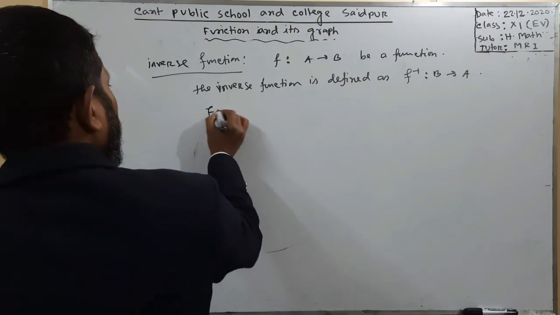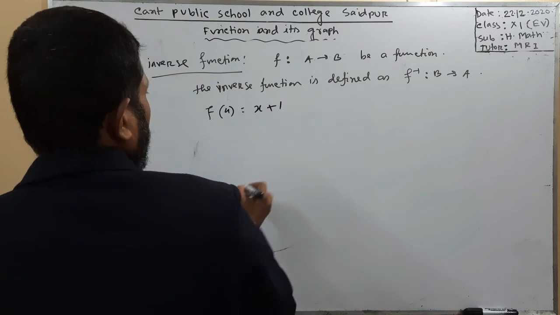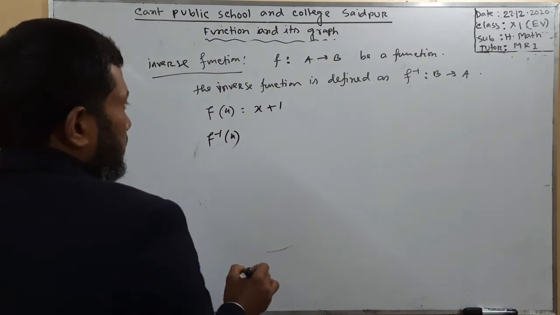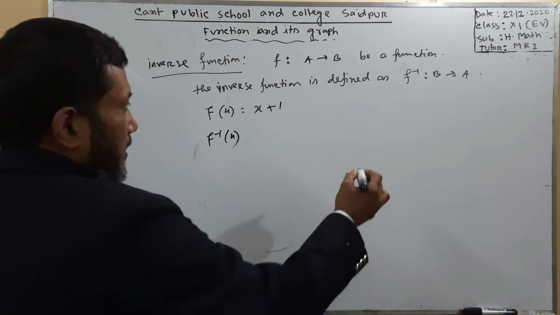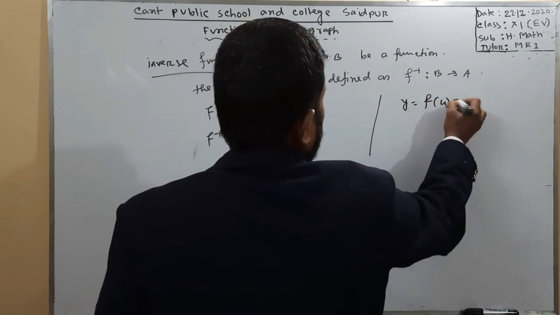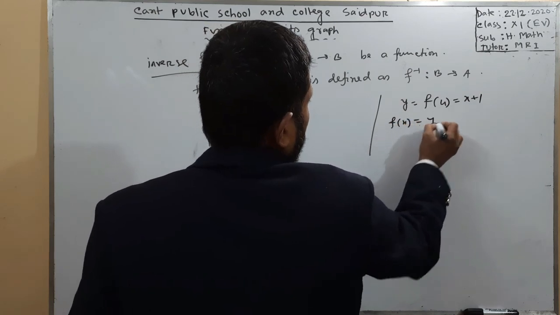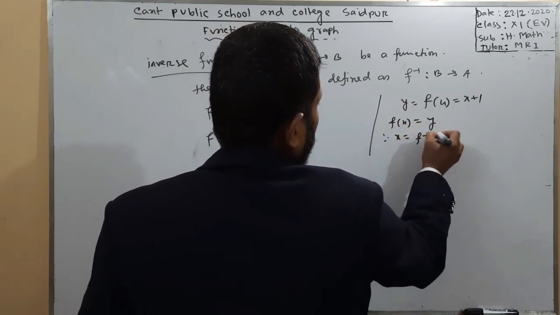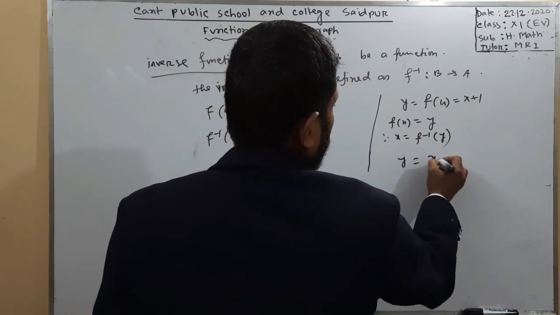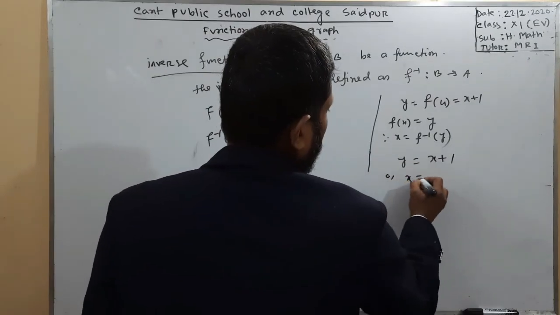Suppose I am giving one example, f of x is equal to x plus 1. We can find the inverse function of f of x. Let y is equal to f of x is equal to x plus 1, or x is equal to y minus 1.